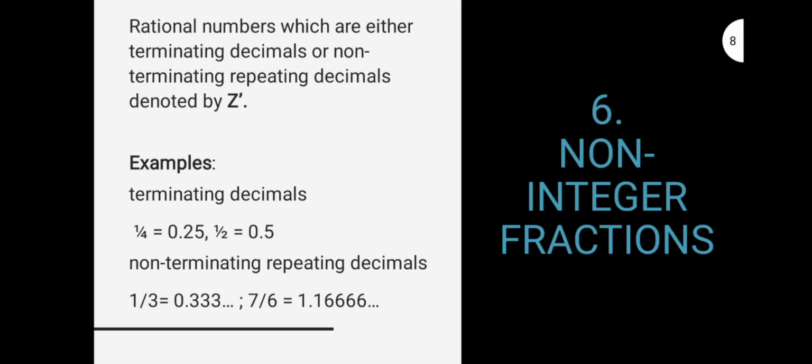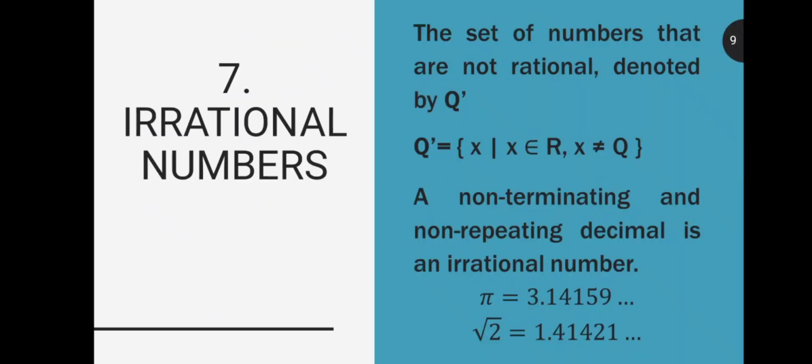On the other hand, if a decimal does not terminate and is not repeating, then that is called an irrational number. These are the set of numbers that are not rational, denoted by Q prime. The set of irrational numbers is x, such that x is an element of the real numbers wherein x should not be rational. A non-terminating and non-repeating decimal is an irrational number.